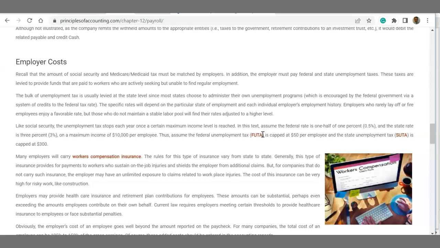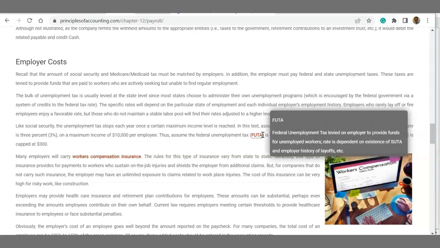But recently, because of, let's say, COVID, the government paid a lot of unemployment insurance. They raised it to 6.2%, instead of 6%, of the first $7,000 of annual income. Okay, not 6.2% of every income, but 6.2% of the first $7,000 of annual income.